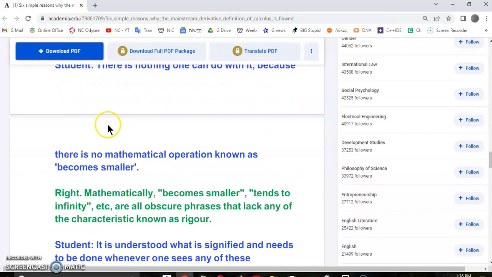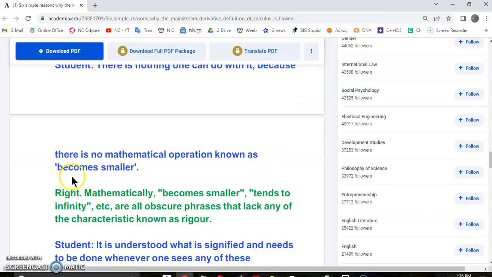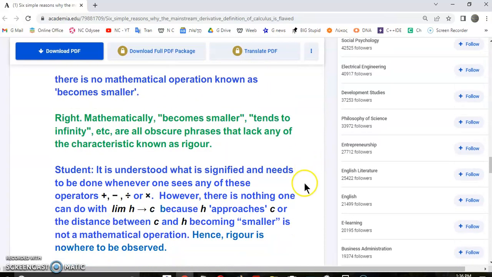The student then says, so there is nothing one can do with it because there is no mathematical operation known as become smaller. That's correct. Mathematically, become smaller, tends to infinity, etc., are all meaningless phrases that lack any of the characteristic that is known as rigor.